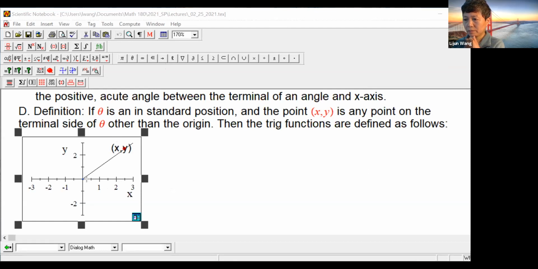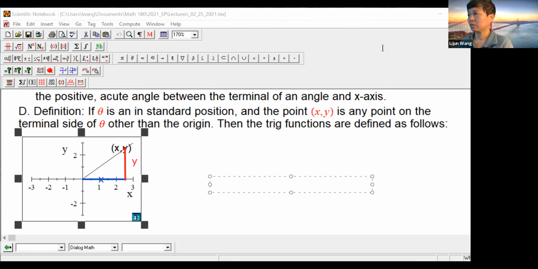This piece is X. That piece is Y. So there's some geometry involved here. And then we go on to define the trig functions.